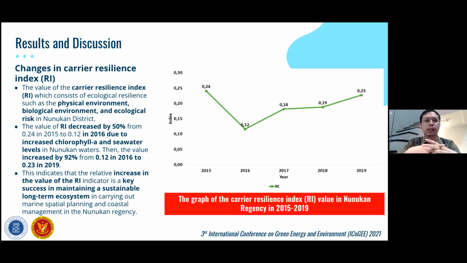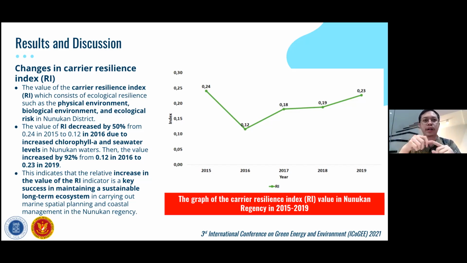If the chlorophyll is increasing, maybe we see that there are no fish out there, because there's no predator to the chlorophyll, the plankton.